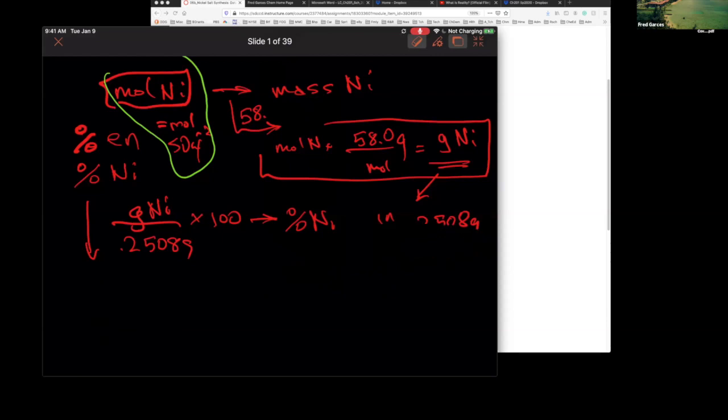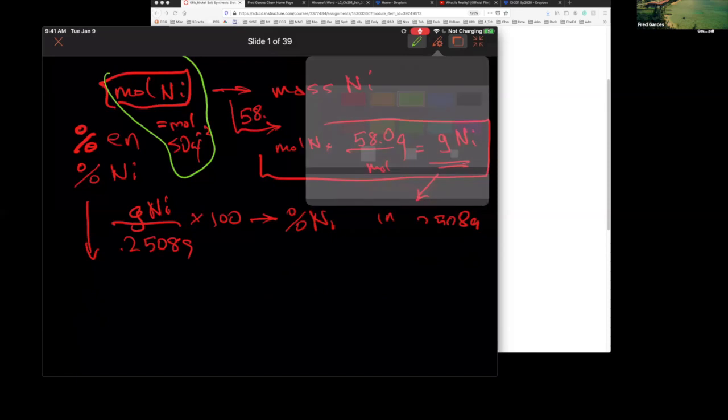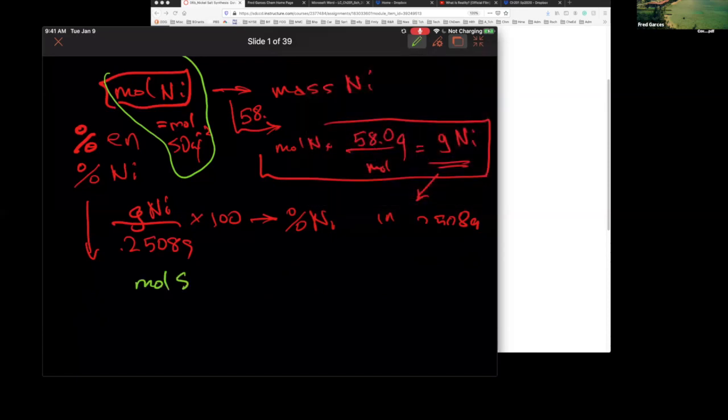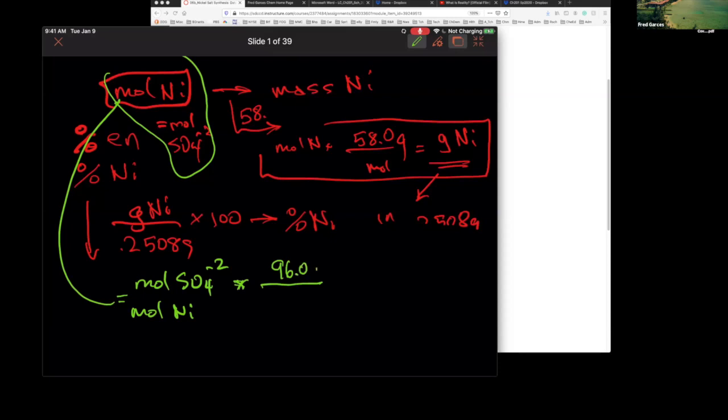Once you have the moles of the sulfate, which is equal to the moles of your nickel from here, then you can take the molar mass of the sulfate, which is about 96 grams per mole, and you can calculate the grams of the sulfate.